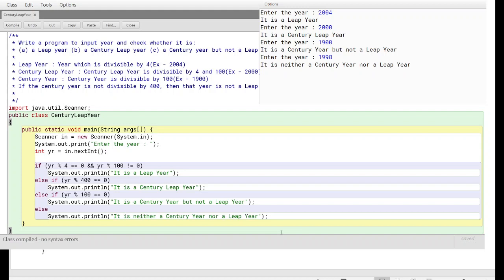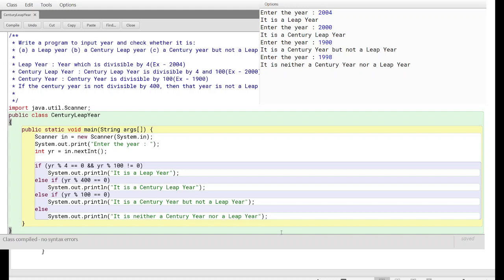That means, sorry, I have given 4 different inputs. The first input is 2004. 2004 is a leap year. The second input I've given is 2000. 2000 is a century year as well as a leap year. So I'm writing it as it is a century leap year.